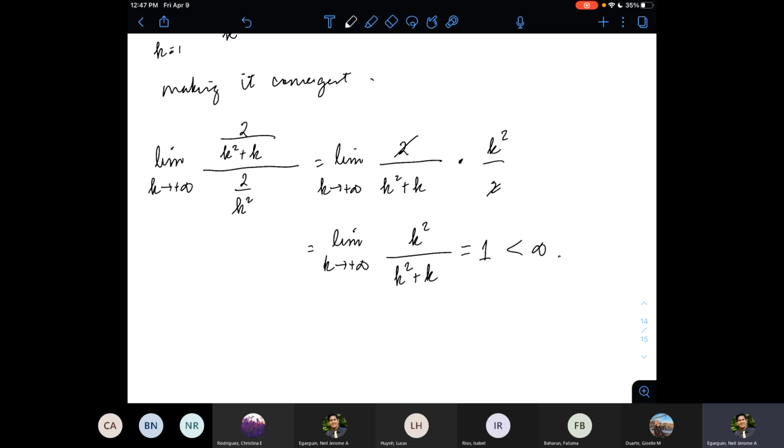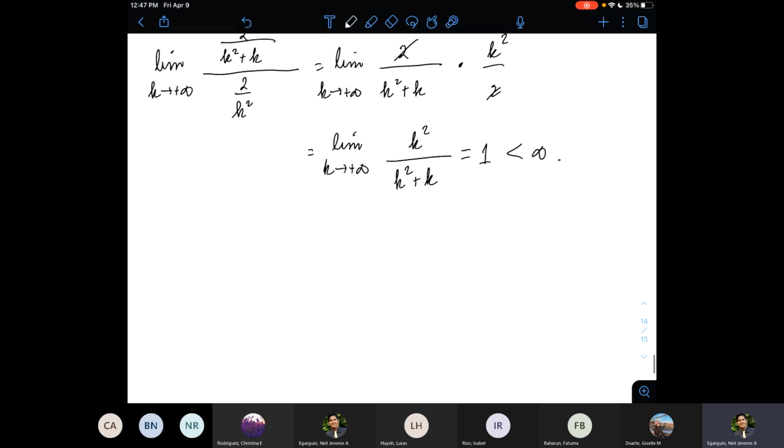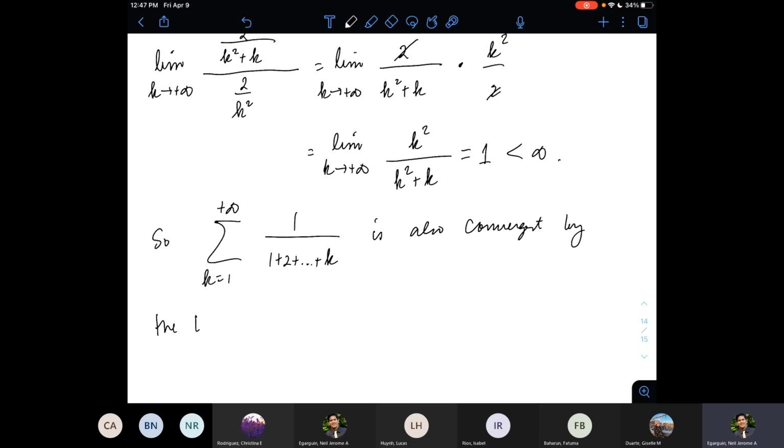This is a finite constant, so the given series and the testing series will have the same behavior. In particular, since the testing series is convergent, the given series, which was written in a very intimidating way earlier, is also convergent by the limit comparison test.